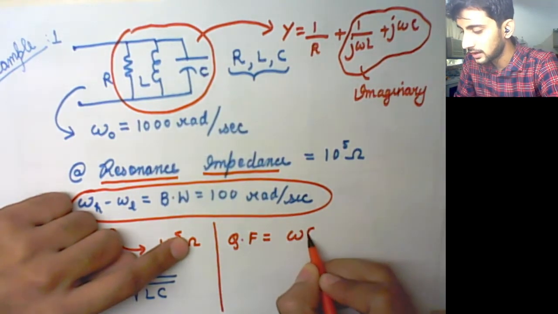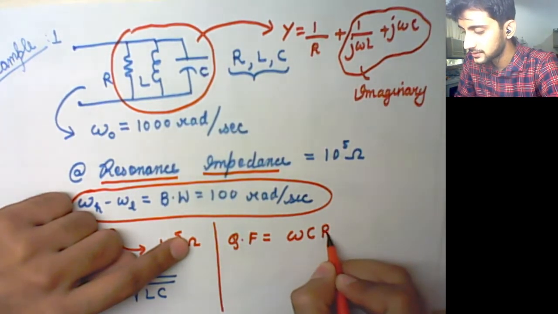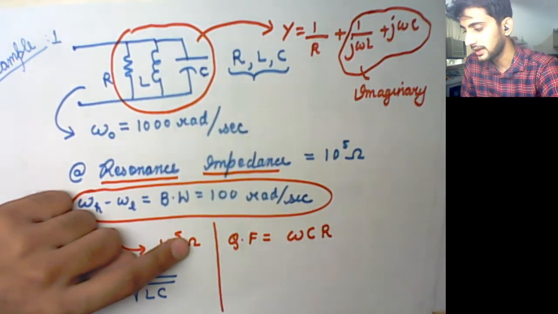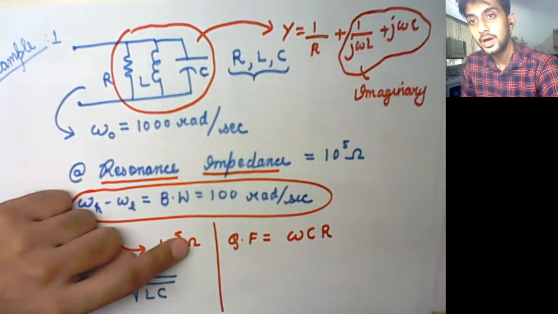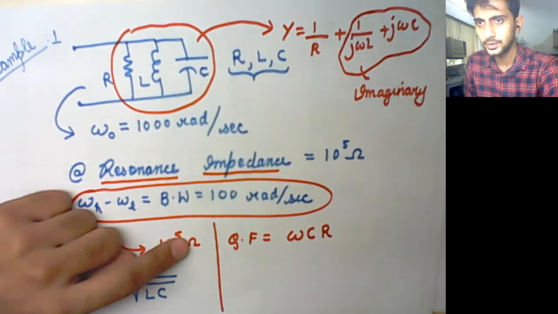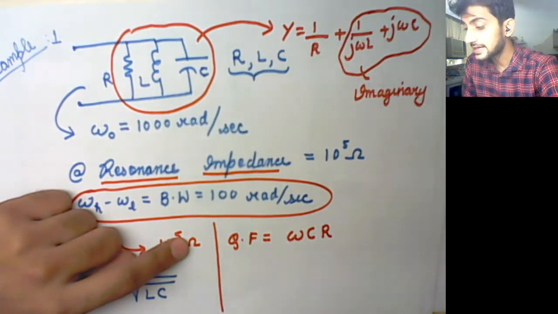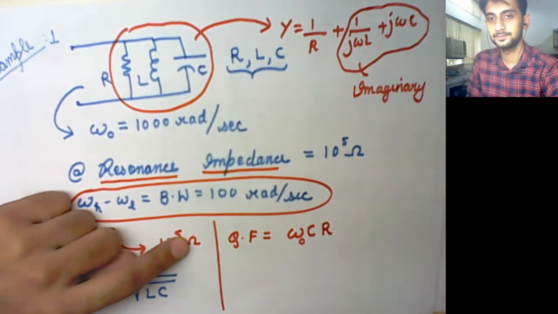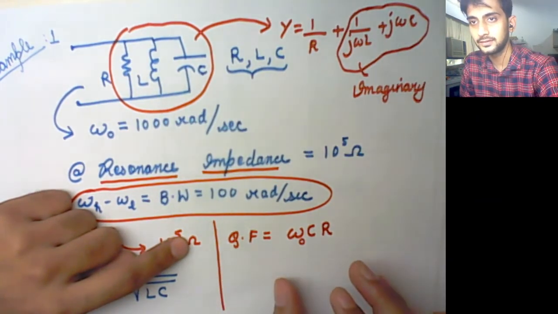Omega R C. It is equal to omega R C because it is resistance upon reactance, if I consider the C one; otherwise it would be R upon omega L. It is resistance upon reactance, and here I should be saying omega naught R C. This is the quality factor.